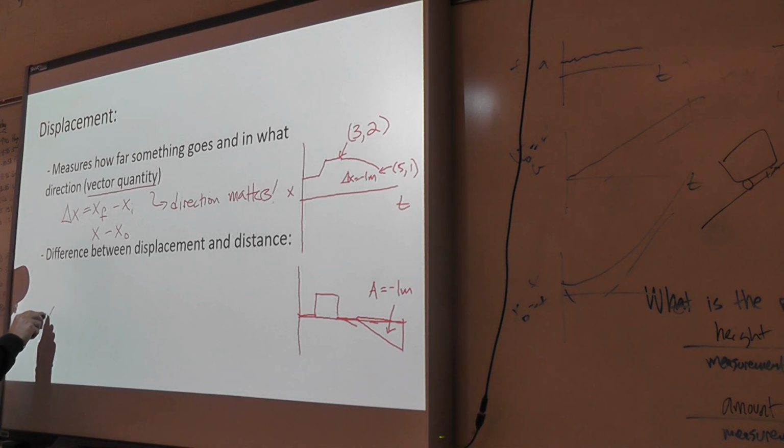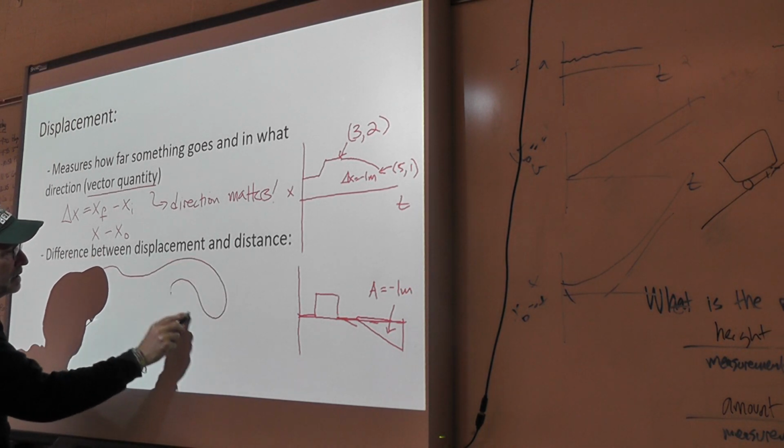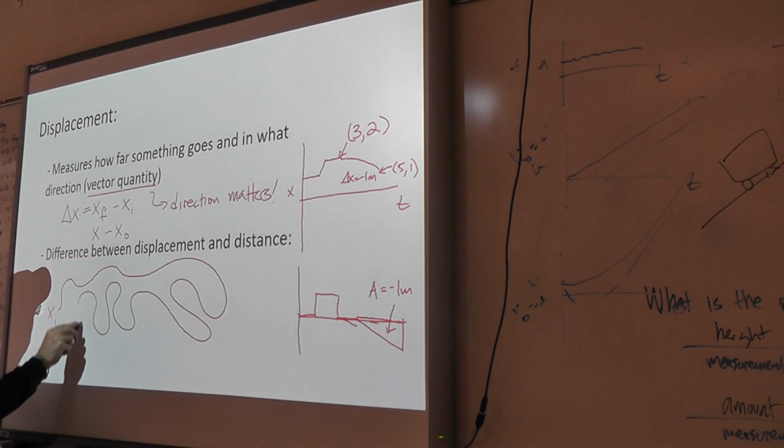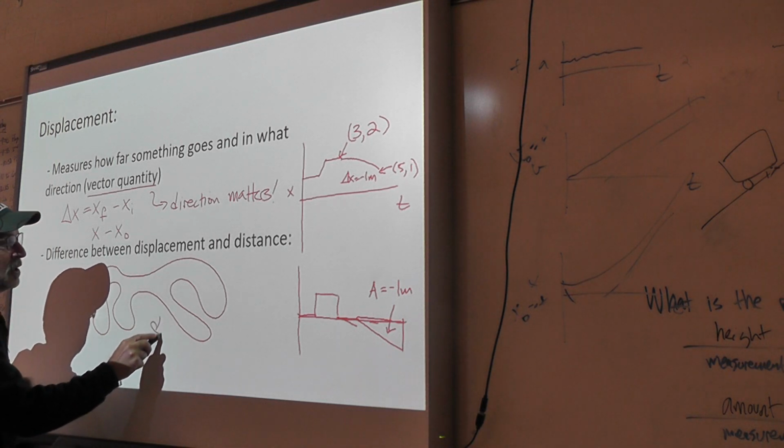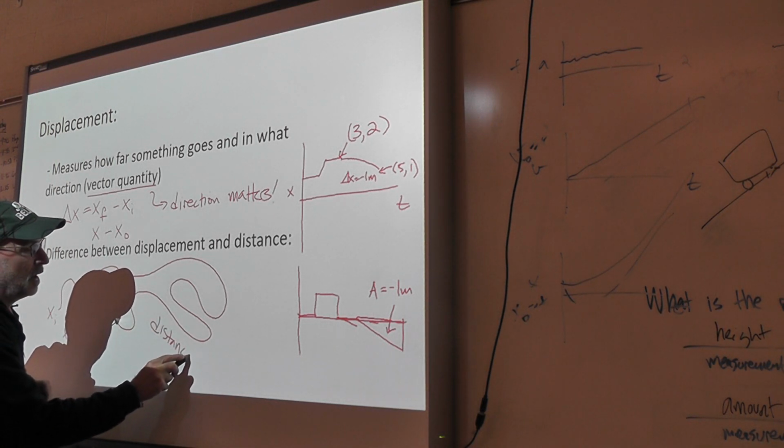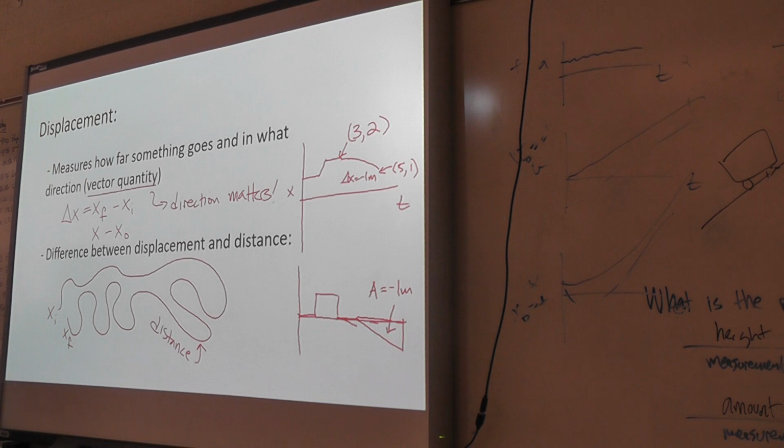So if an object starts here, and then it moves like this, then the distance traveled is the total length of this curved line. Its displacement is the length of this line along with that direction, which, since this is 2-dimensional, would have an angle associated with it.